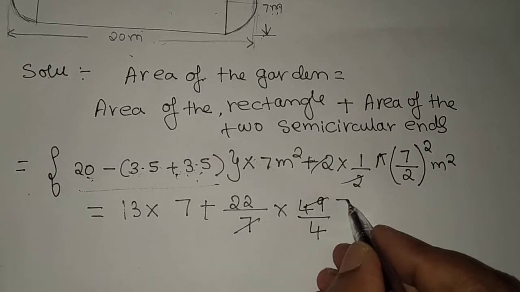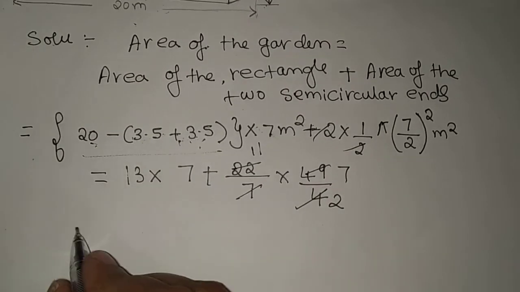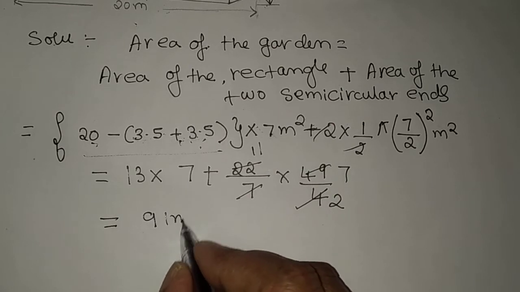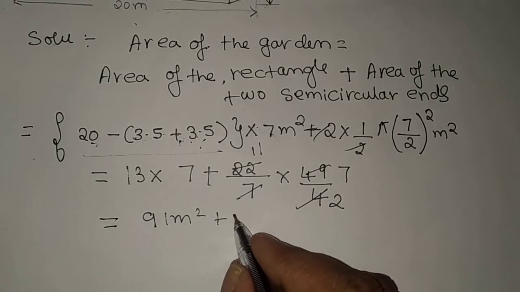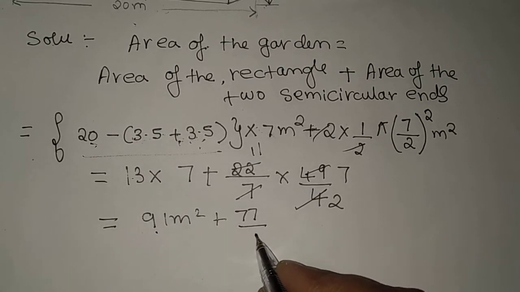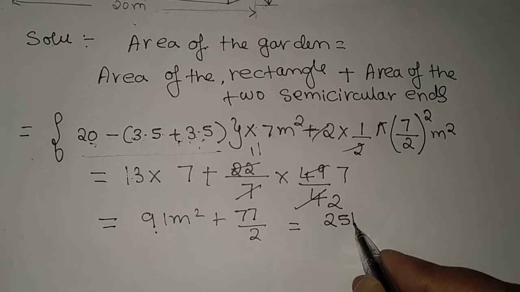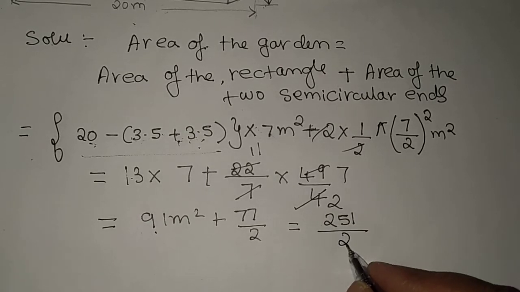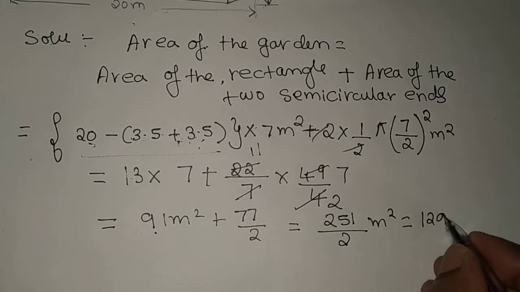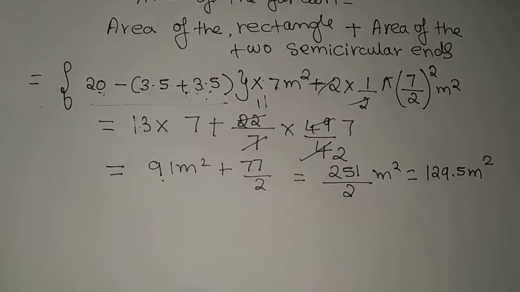Therefore, finally we get 91 m square plus 77 by 2, 13 into 7 is 91. Simplify this, we get 251 by 2 m square, which is equal to 129.5 m square. So this is the area of the garden.